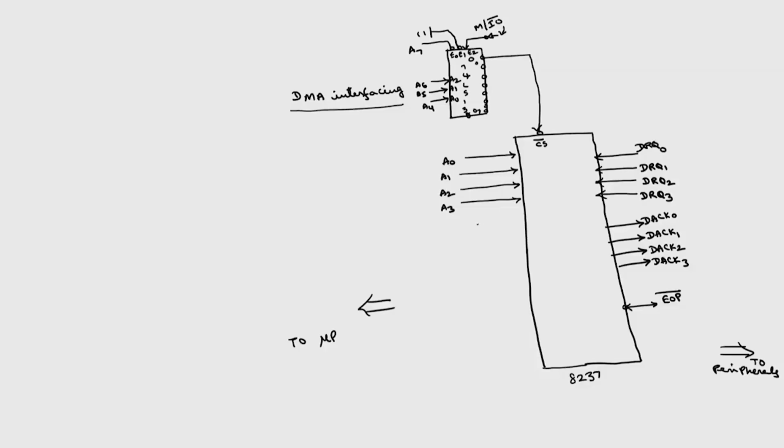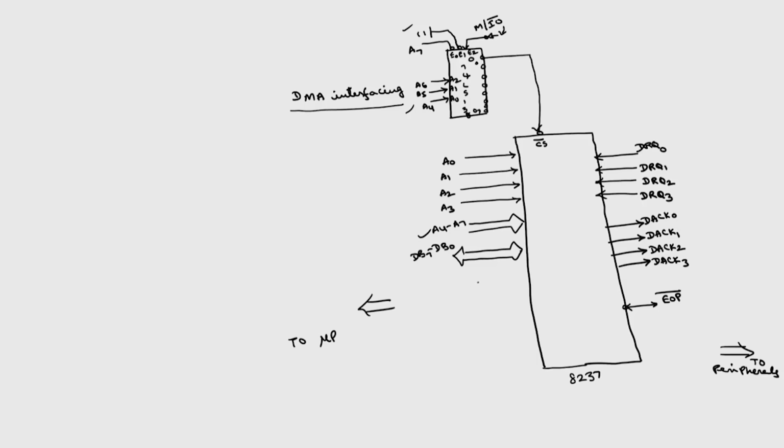Then the remaining signals are, we have a data bus, total this A4 to A7 will be another A4 to A7, this actually in fact are connected here. Okay. And then we have data bus DB7 to DB0, data bus.